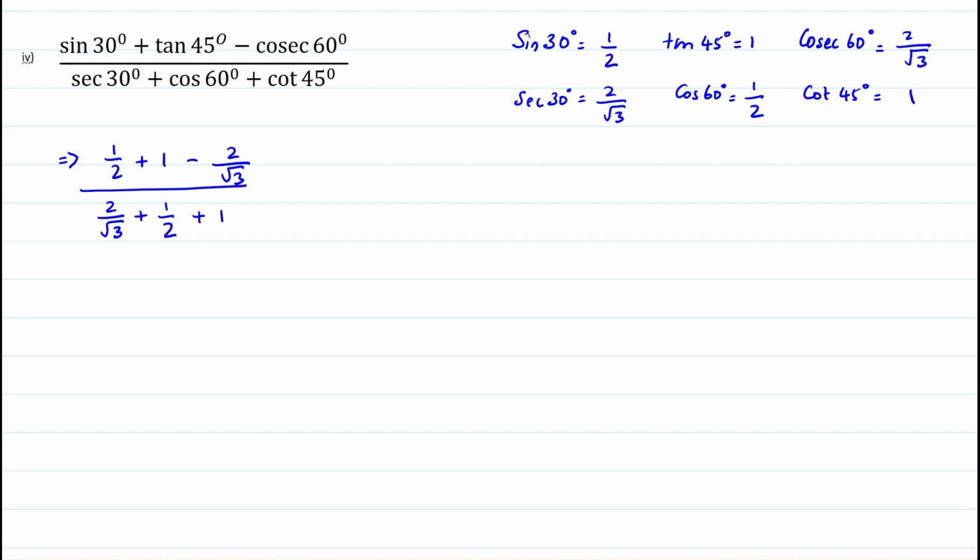Okay, now 1 by 2 plus 1 will be written as 3 by 2. Therefore, we will write this term as 3 by 2. 3 by 2 minus 2 by root 3 whole thing divided by 2 by root 3 plus 3 by 2.